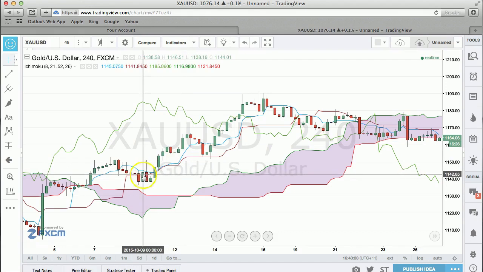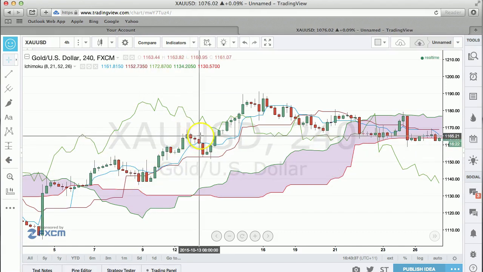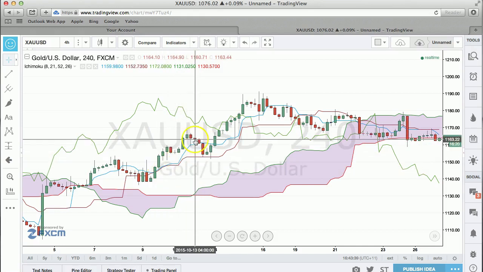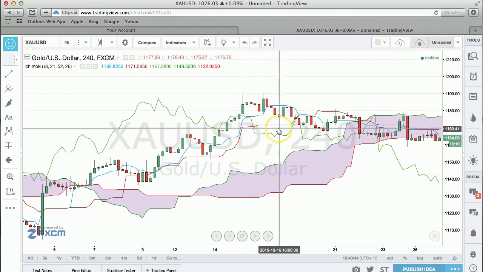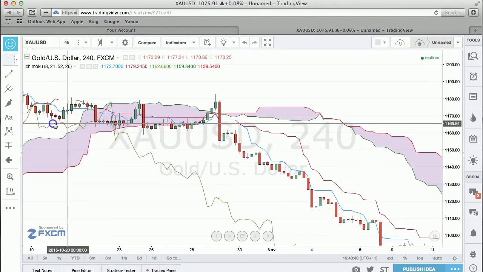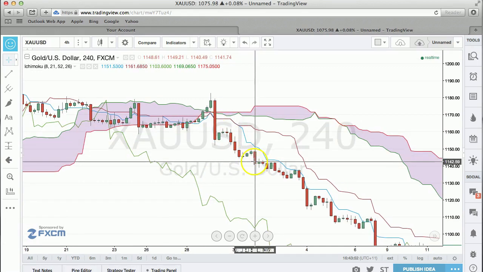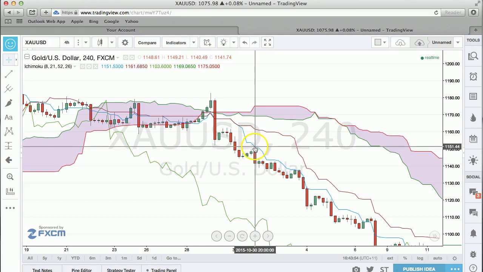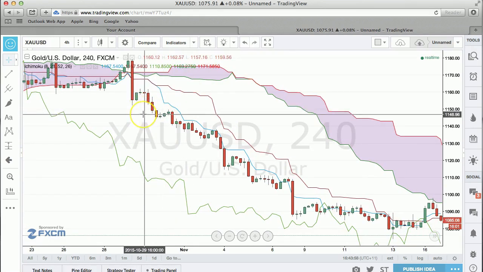So what you'll notice here is that price is ultimately closing above this blue line. Therefore, it's in a bullish bias. It's in a bullish trend. You'll notice here that price is closing below this blue line, therefore deeming it to be in a bearish trend, or I'd have a bearish bias on it.